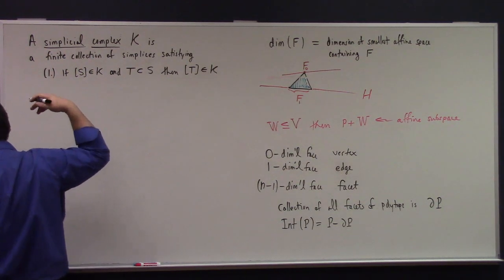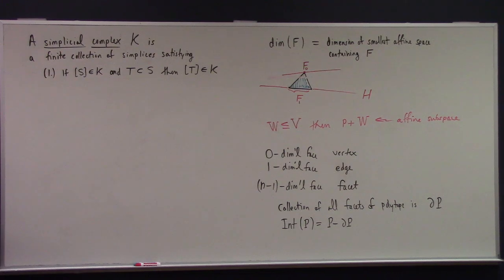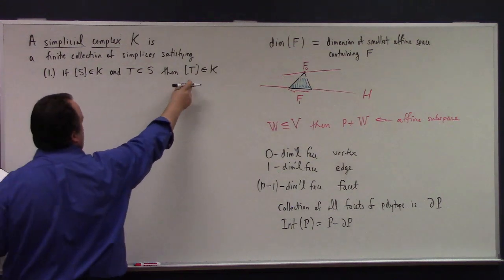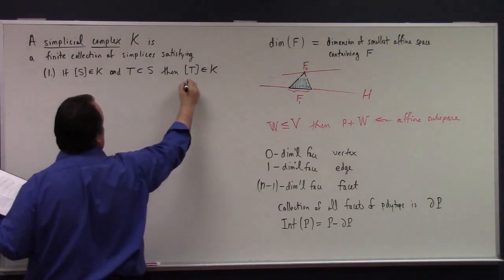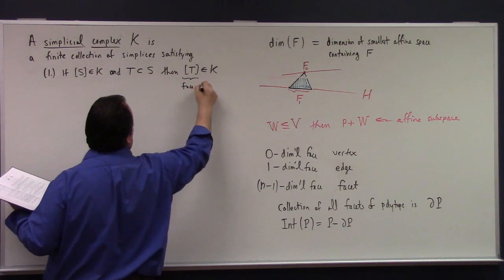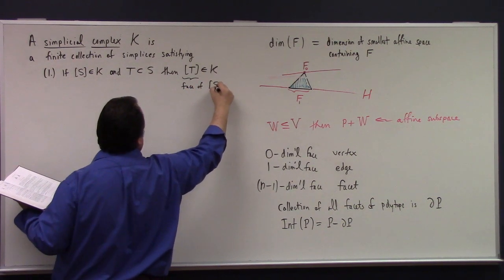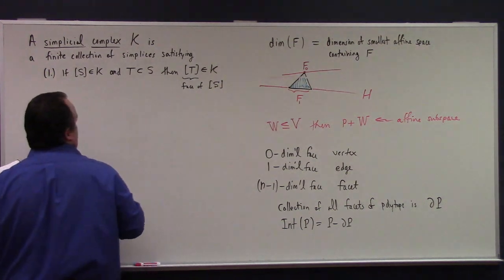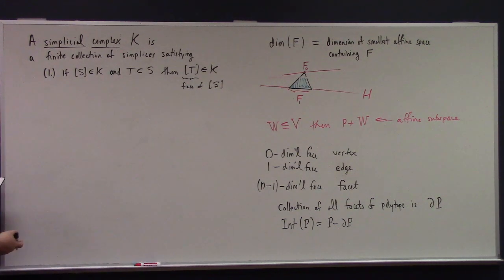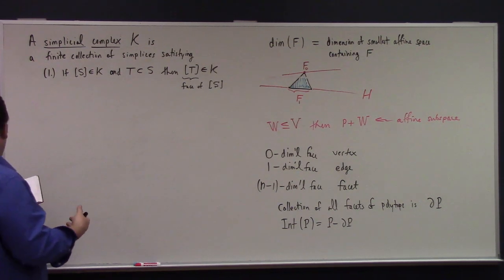In words, that says every face of a simplex in K is a simplex in K, right? So this would make T a face of the simplex S. So it's saying if you have a simplex in the complex, all of the subfaces of the simplex must also be in the complex. So if you had a tetrahedron in the complex, all of its two faces, all of its edges, and all of its vertices are also in the complex, for instance.